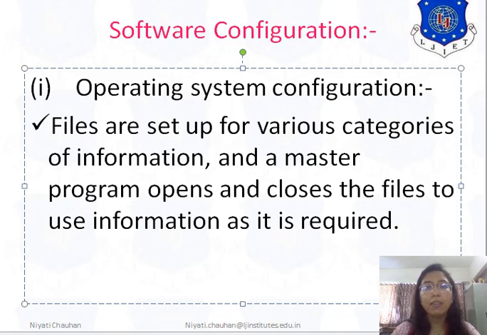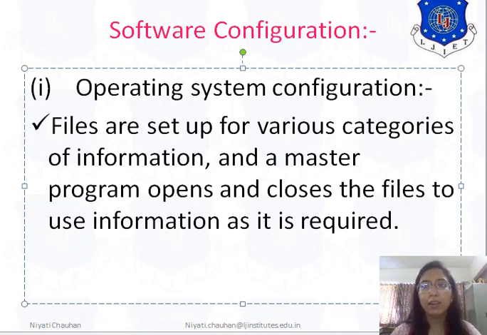Here in operating system configuration, the files provide information, right? So the master program, for the system that is running, the programs have been made by the supplier. So the master program we are using as a reference, and the operator can open and close files, right? So this is operating system configuration, and one table is mentioned in the book, right?